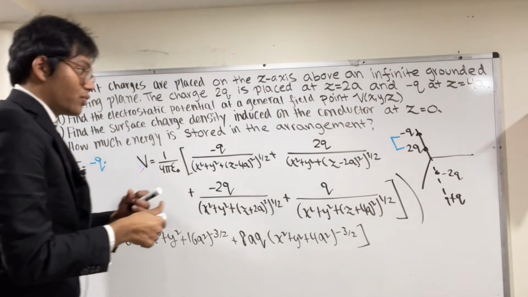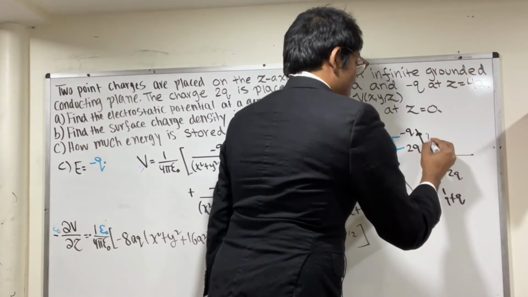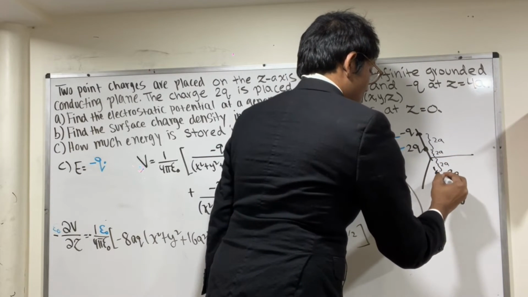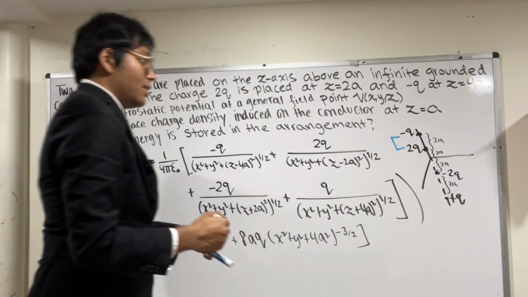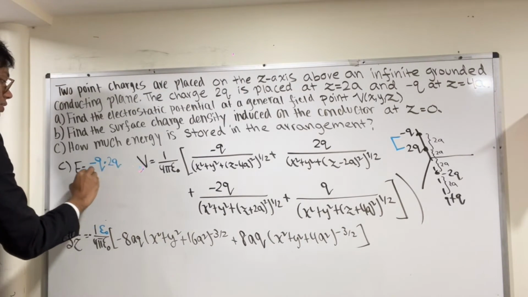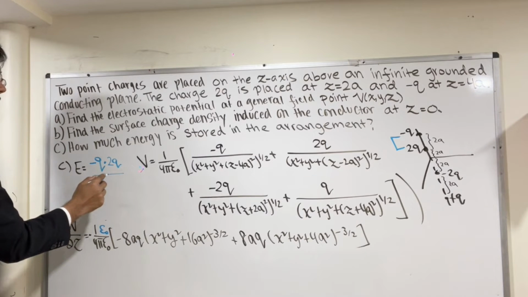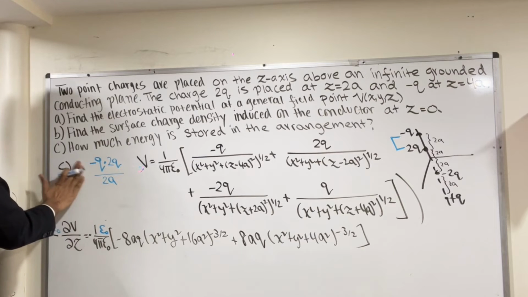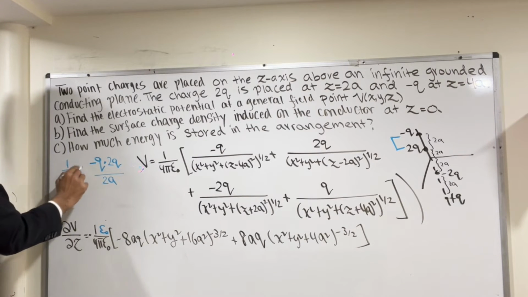It's worth noting that these distances are 2a each. So this is 2a, this is 2a, this is 2a. So we're going to have minus q times 2q over 2a. That's for the first one. And of course, there's going to be a factor of 1 over 4 pi epsilon naught outside everything.